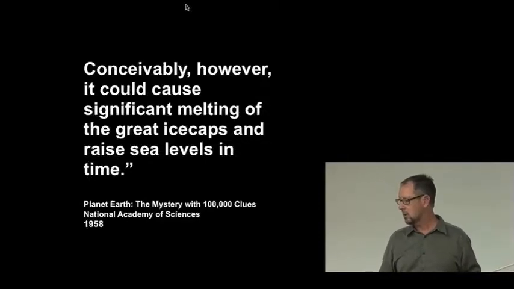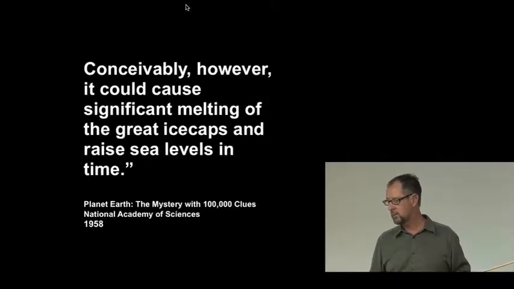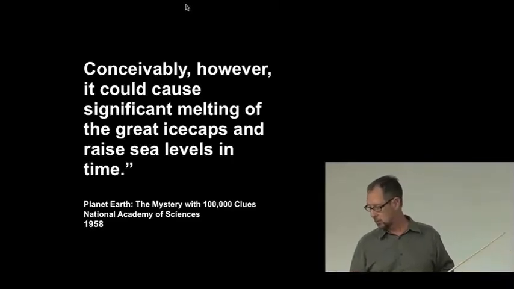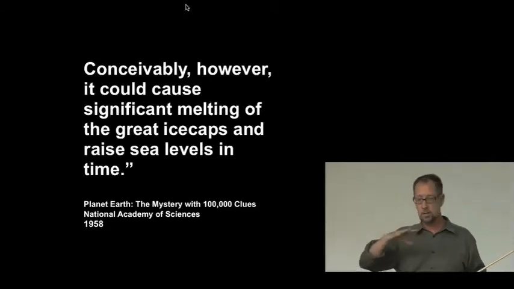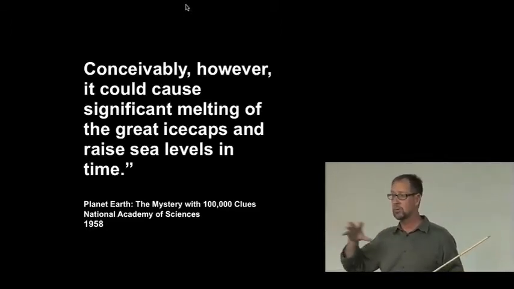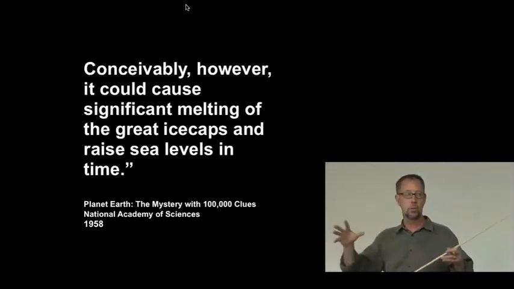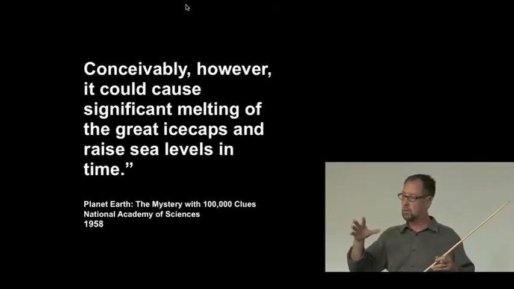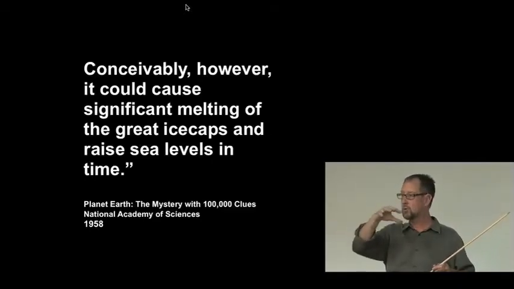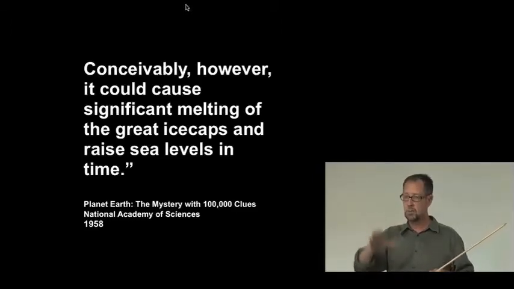Conceivably, however, it could cause significant melting of the great ice caps and raise sea levels in time, and in fact, that's exactly what we're seeing today. Sea level, by the way, is not necessarily uniform around the world. There's a wonderful NOAA website on tides and currents where they show that globally there are bulges of sea level in certain parts of the ocean, and in other places it has actually dropped.